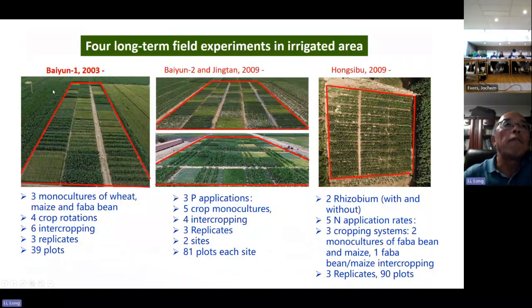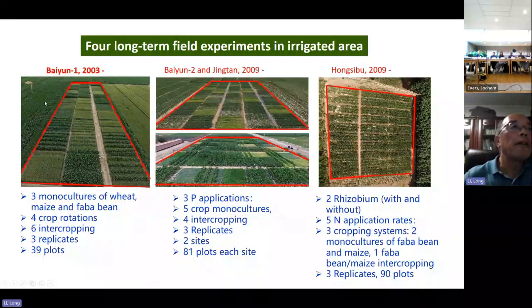I would like to go into details about the experiment design. In the first experiment, there are 3 monocultures of wheat, maize, and faba bean, 4 crop rotations, 6 intercropping, and 3 replicates, totally 39 plots.